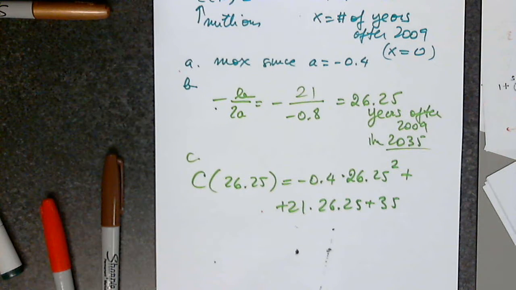Negative 0.4 times 26.25 squared, and then plus 21 times 26.25 and plus 35. Okay, 311 million.